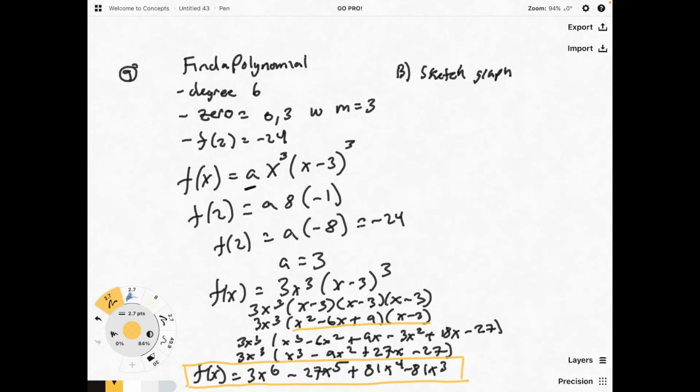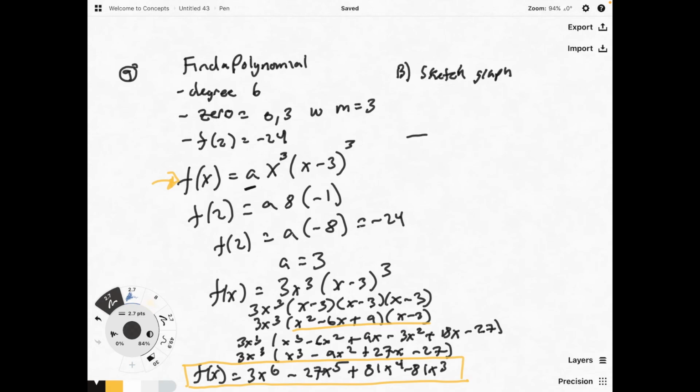Now, looking at part B, we're going to take this polynomial and go back to our factored form because that is going to help us when trying to sketch the graph. Again, we know that we have zeros at 0 and 3.